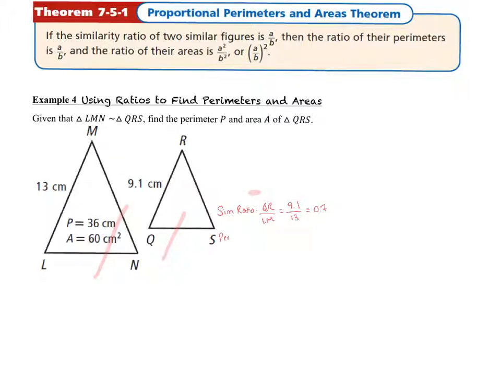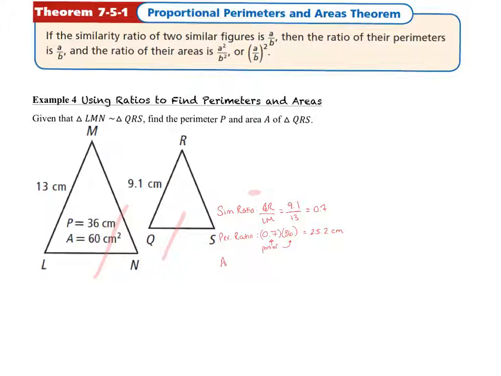Okay, the perimeter ratio would be the perimeter of the smaller triangle is going to be part of 36. It's actually going to be 0.7 times 36, part of the 36, which is 25.2 centimeters.